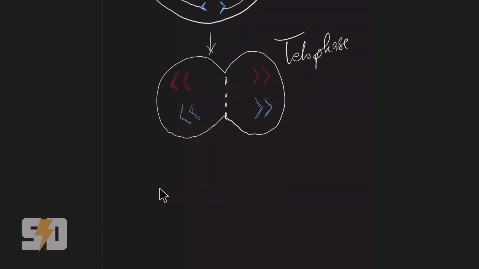So at this point we are going to have independent daughter cells, all right, having the same number of chromosomes as we started with before.